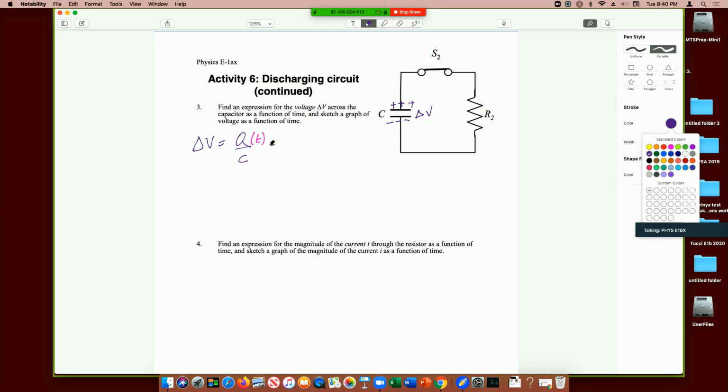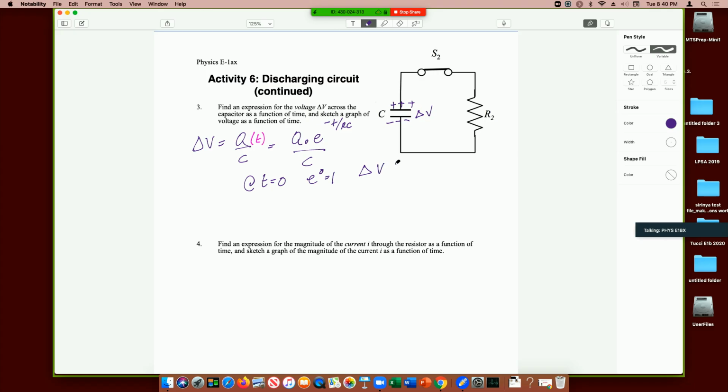I know what that is, because that's just the discharging equation, Q naught times e to the minus t over RC, all over C. All I did was substitute the equation into Q because I know it's changing as a function of time. So at t equals 0, e to the 0 equals 1, so the change in voltage is just Q naught, the original Q, over C.